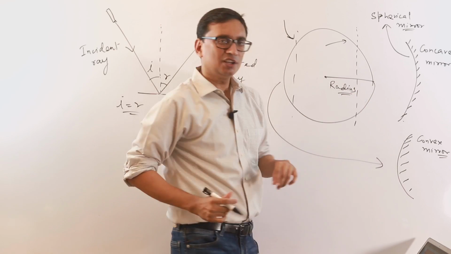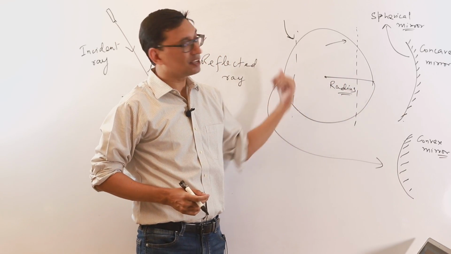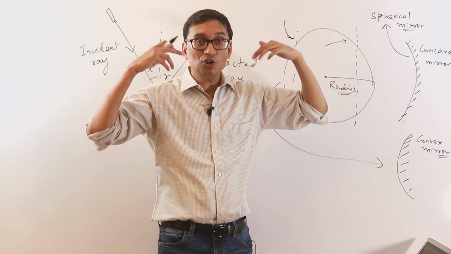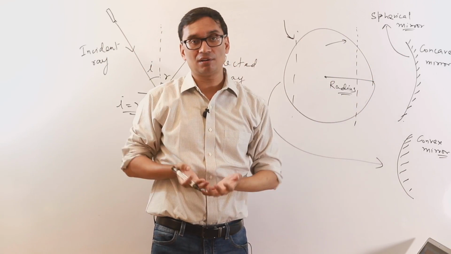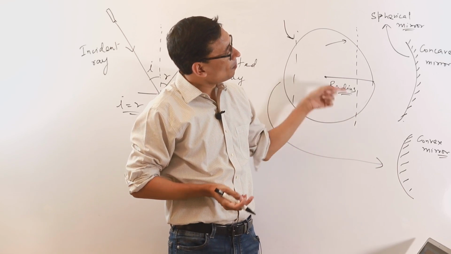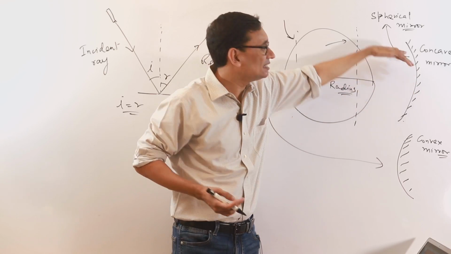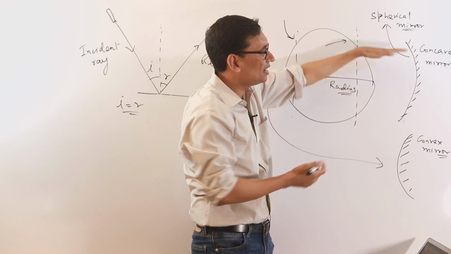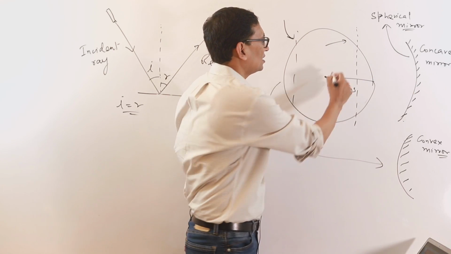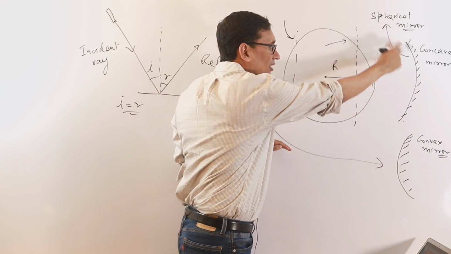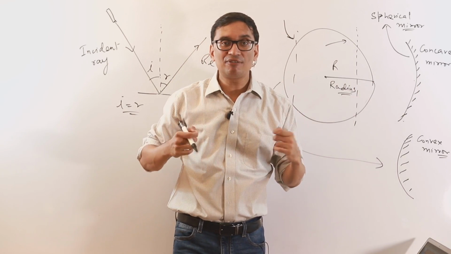Okay, so now if a sphere has radius, a concave mirror is conceptually part of a sphere. So I can say that this concave mirror has a radius. Let's say this is r. So this concave mirror will have this radius, and for a mirror we call it radius of curvature.